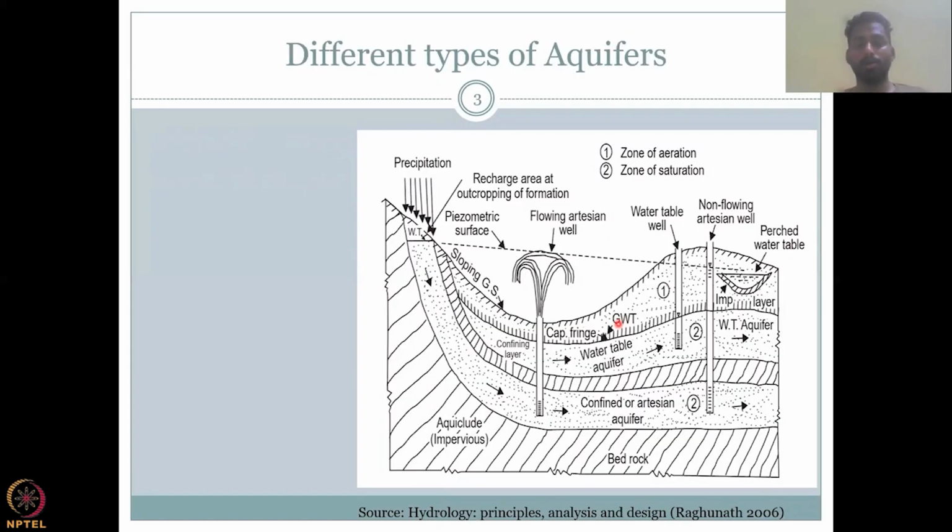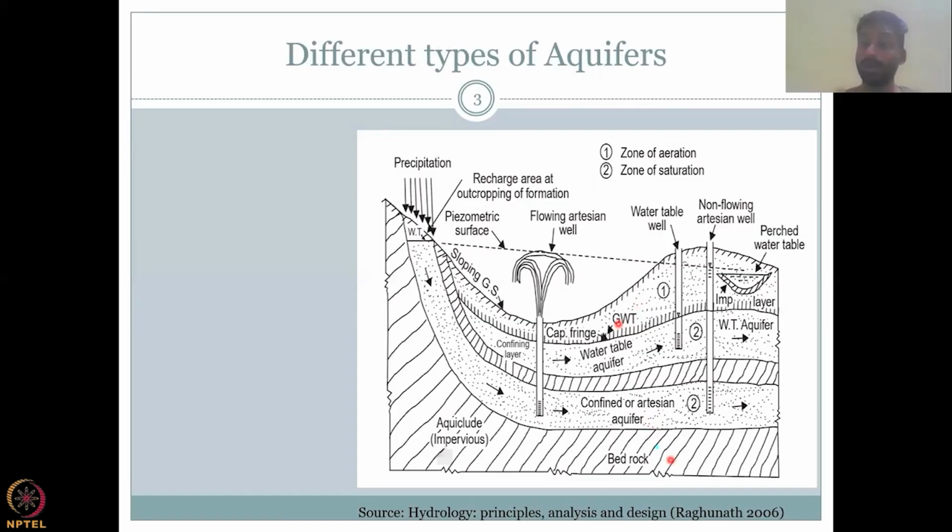So moving on, we looked at the different types of aquifers. Let's look at some of the terms that are very important for aquifers. Let's start from the bottom. At the bottom, we have the bedrock. It is the predominant parent material, as we say in geology. It is the rock that weathers into the soil and multiple layers.